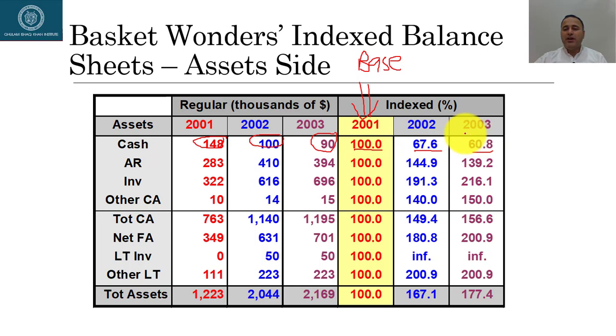And if I compare 2003, the level of cash decreased by 39.2%. All the interpretations are actually made relative to the base year. So let's say if the cash in 2003 decreased by 39.2%, it's actually decreased compared to 2001. So all the interpretations are relative to the base year.